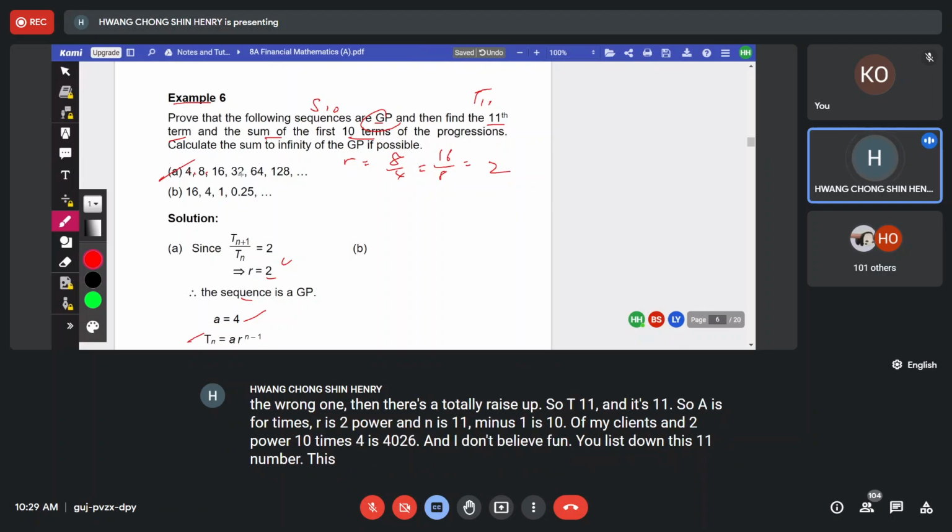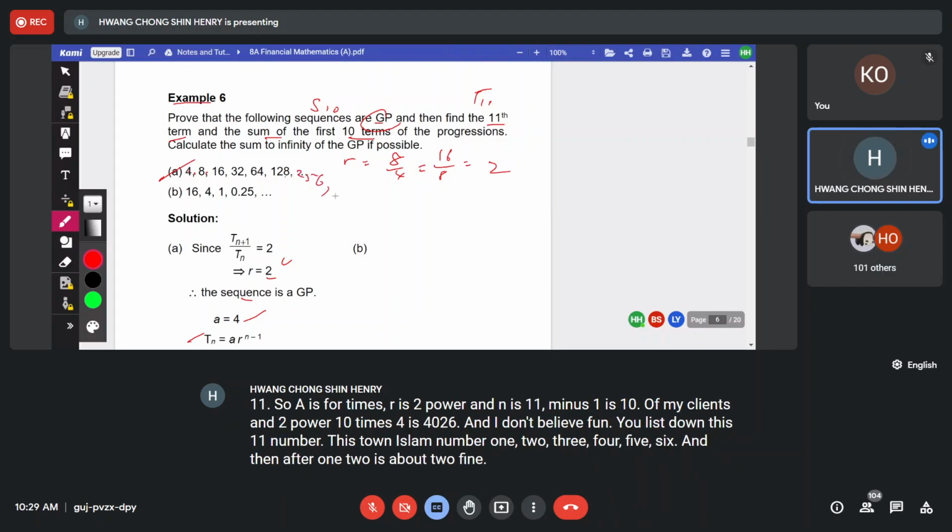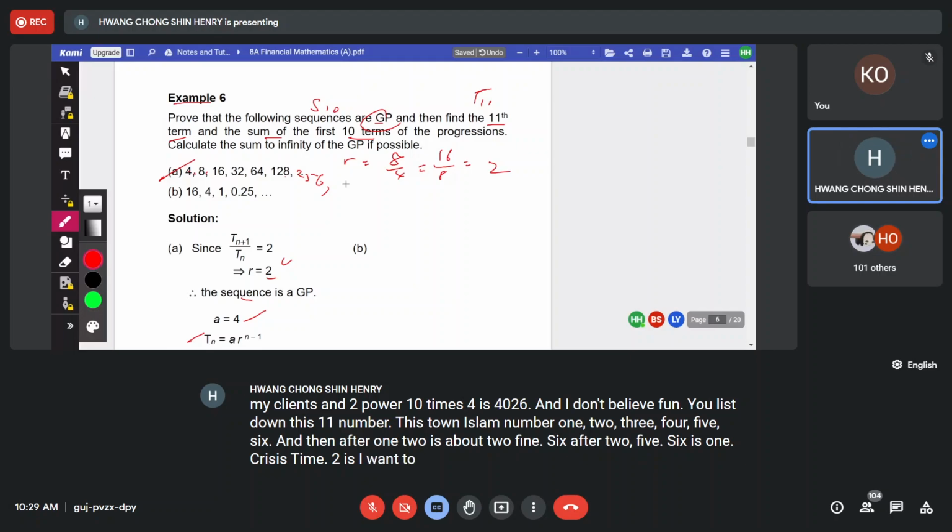1, 2, 3, 4, 5, 6. Then after 128 is what? 256. After 256 is what? 256 times 2 is 512. Next one, 1024.